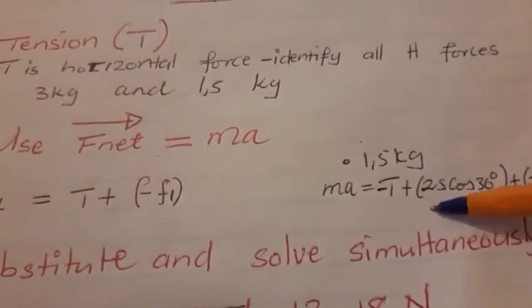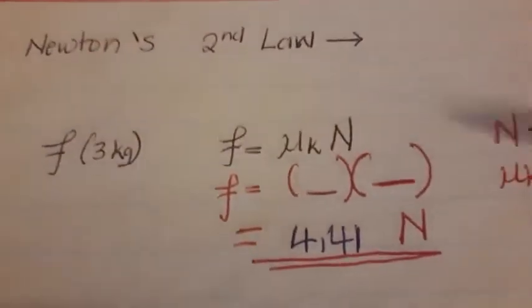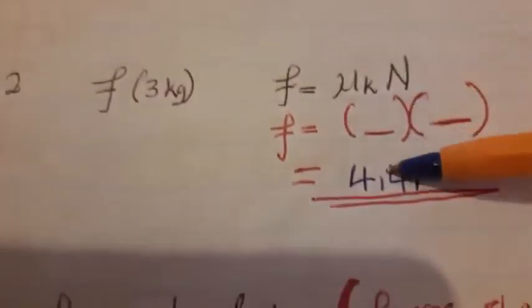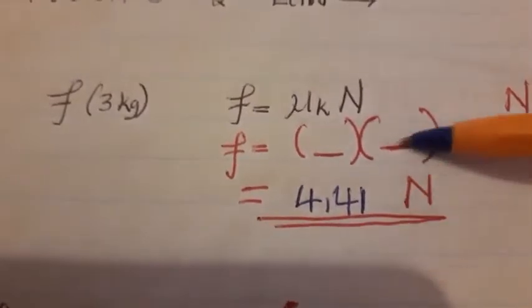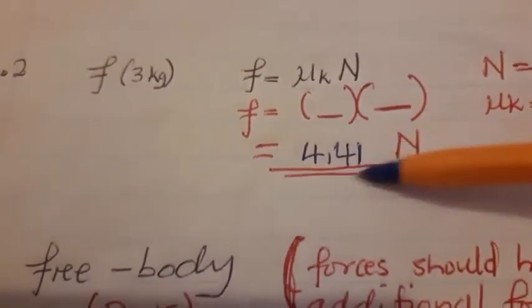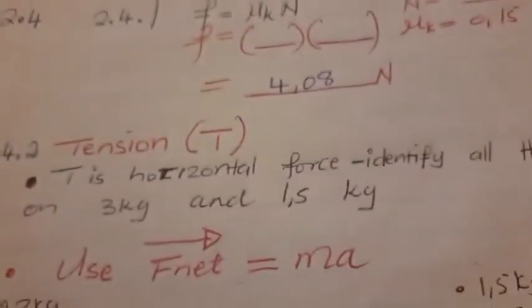But we've already realized that to get this friction, we're supposed to find the normal force in each case. So using the coefficient of friction and the normal force, we find that the frictional force on 3 kg was 4.41, and the frictional force on 1.5 kg was 4.08.